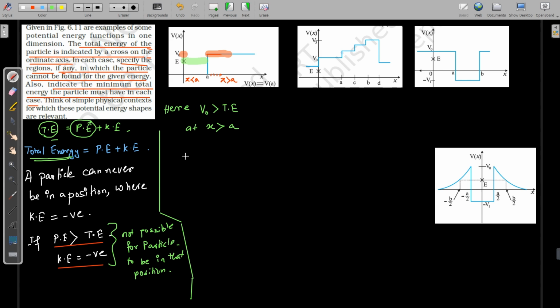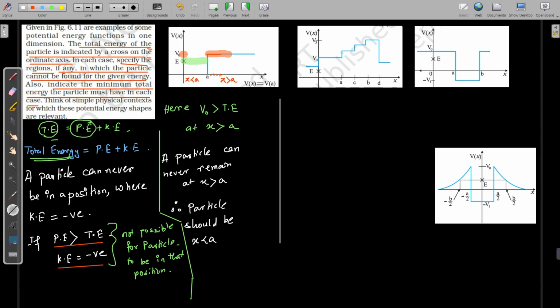So in this situation, we have to understand a particle can never remain at x greater than A. Therefore, where is the position the particle can be? Therefore, the particle should be at position x less than A. Clear?